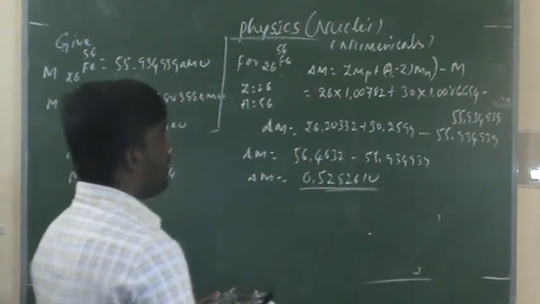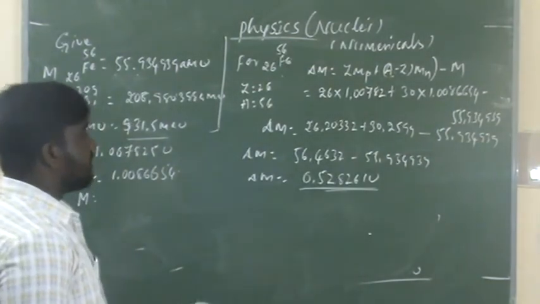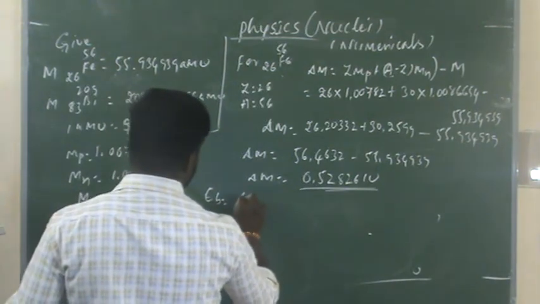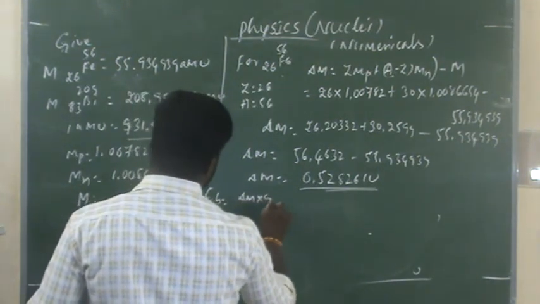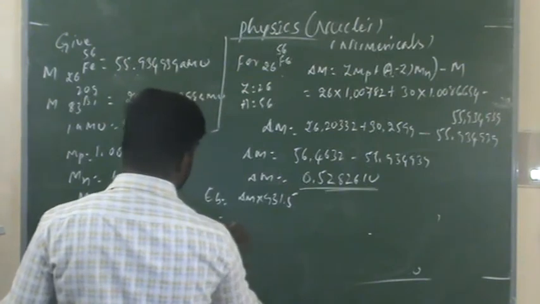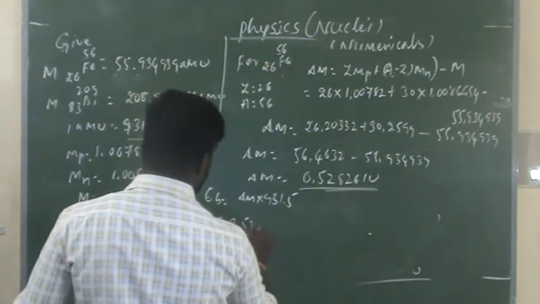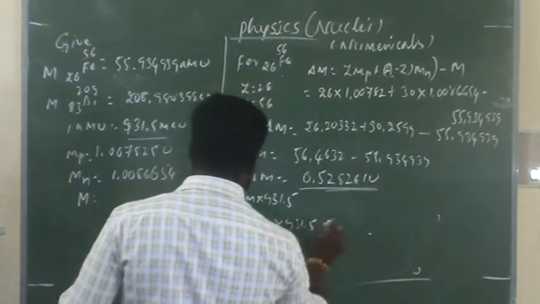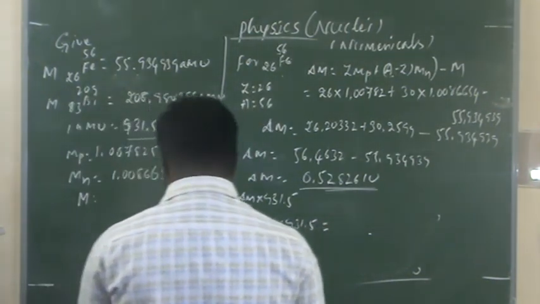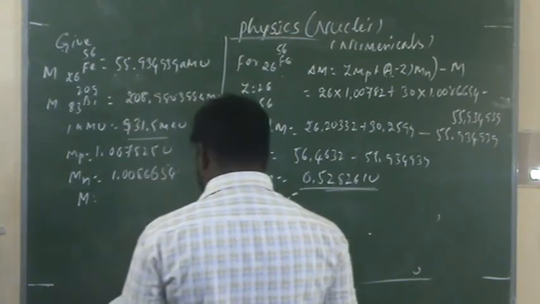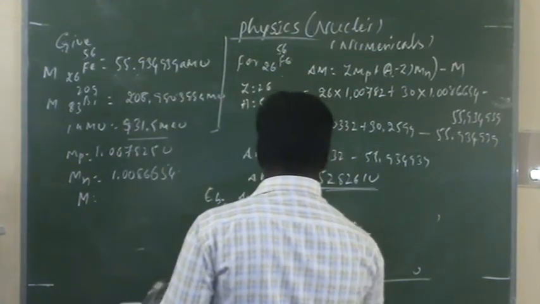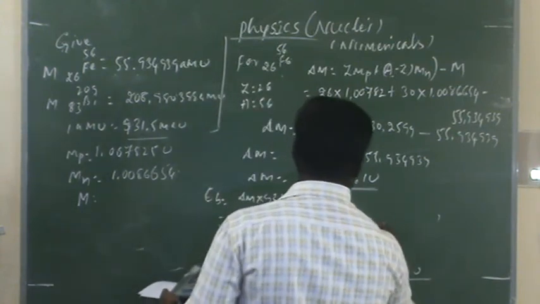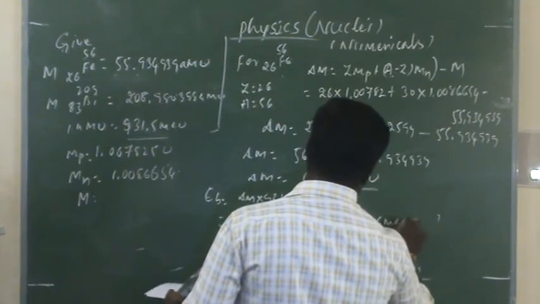This is the mass defect of iron. Next, the binding energy E_B is equal to delta M into 931.5, that is 0.5282 into 931.5, which equals 492.26 MeV.